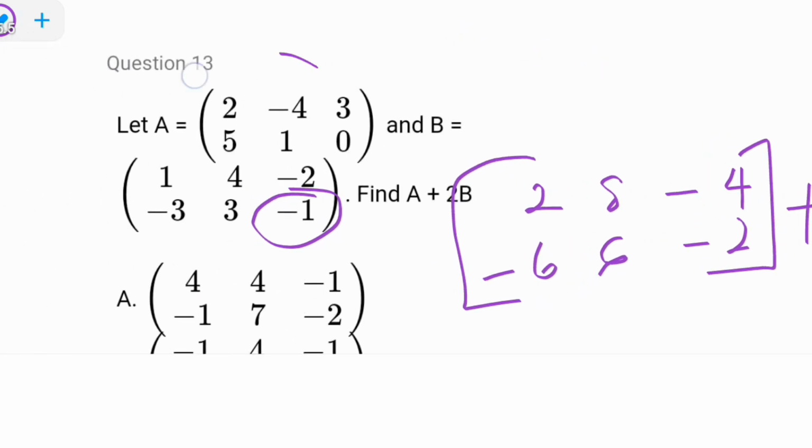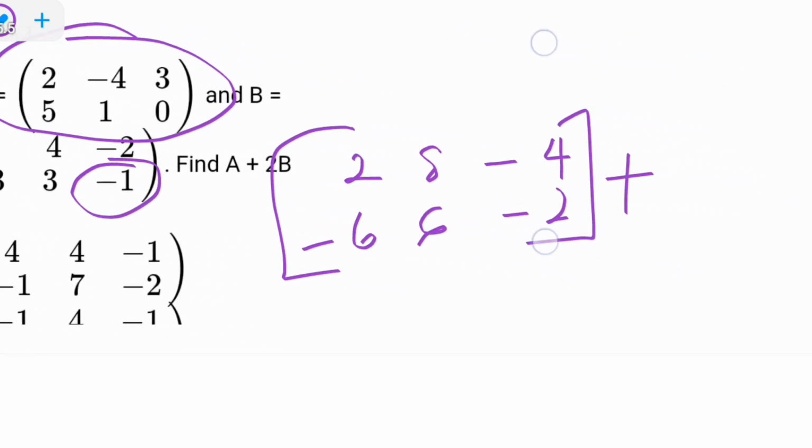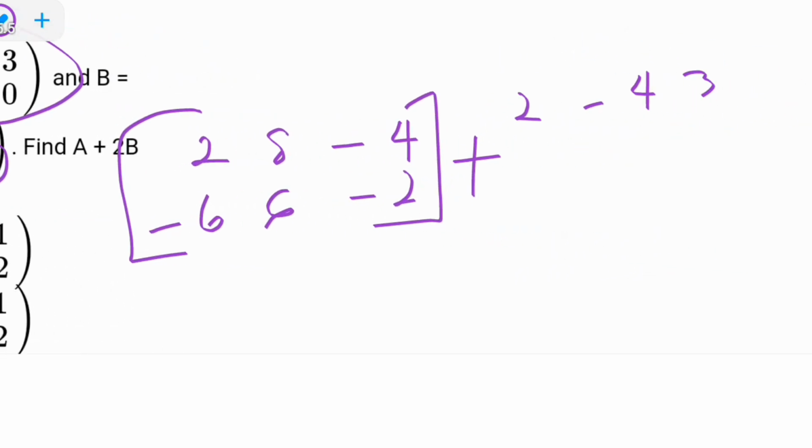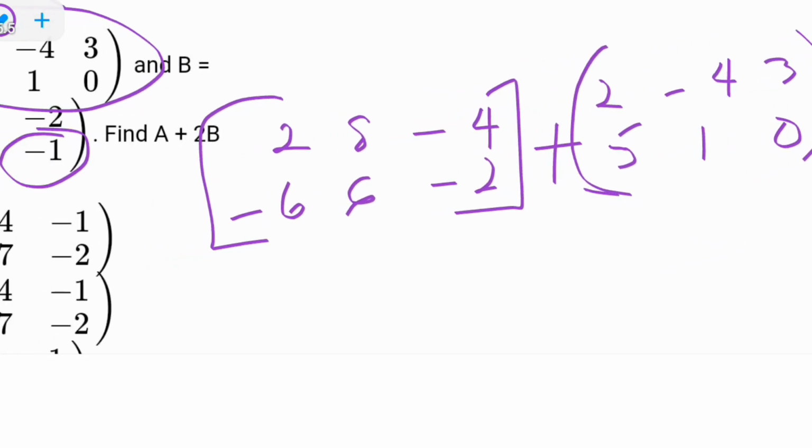So you're adding it to A. This is A here, with 2, minus 4, 3, and 5, 1, 0. So you are doing this addition. Just add them according to their positions. These 2 will marry these 2 here. This 8 will marry this one here. So that's how you add them.